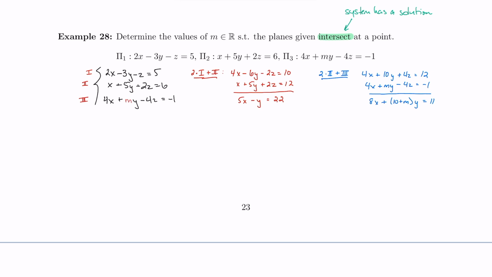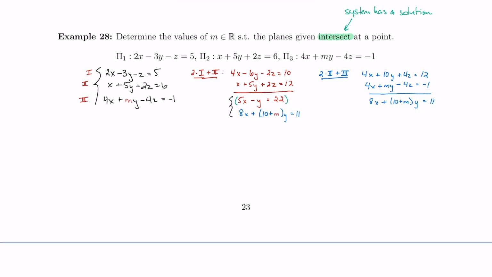Okay, so here are our two equations now. And again, just to color code a little bit better, let's make that m stick out. Again, let's follow business as usual. Let's try to solve this for y. So I need to eliminate x, and this is where things might get a tiny bit messy.